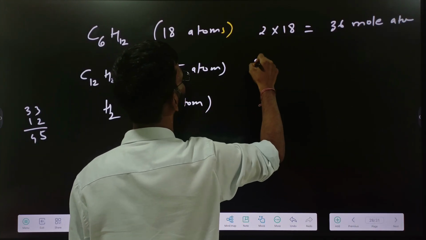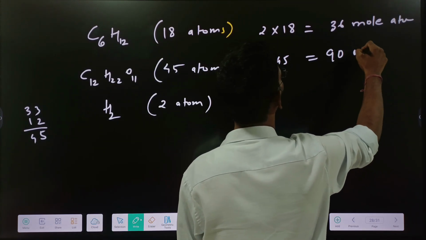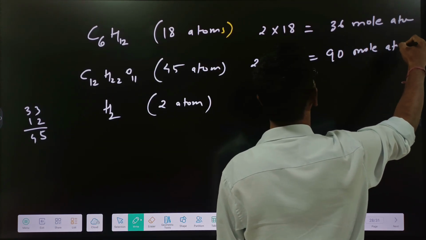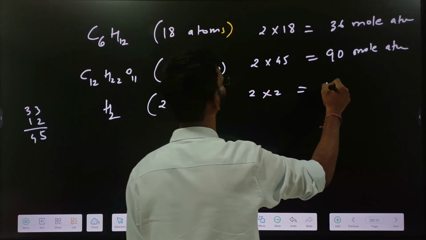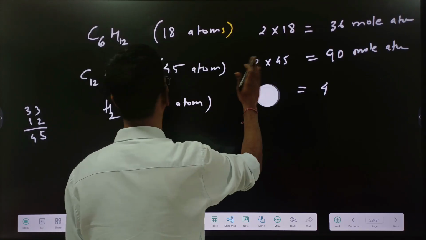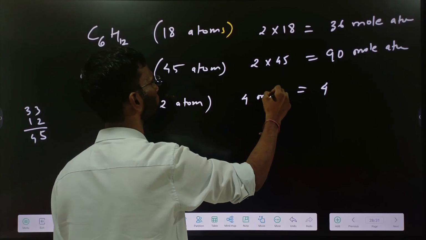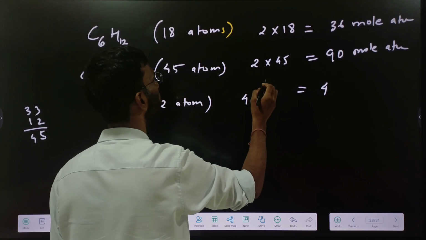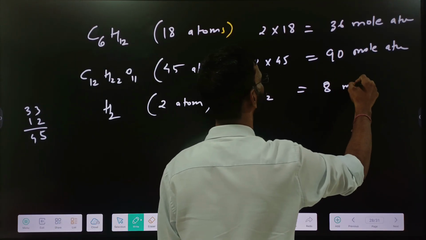40, again this is 2 mole into 45. So this is 90 mole atoms will be there. And what about this? This is 2 mole and 2 atoms. Sorry, 4 moles. I was getting this to be 4 moles. So 4 into 2, 8 mole atoms.